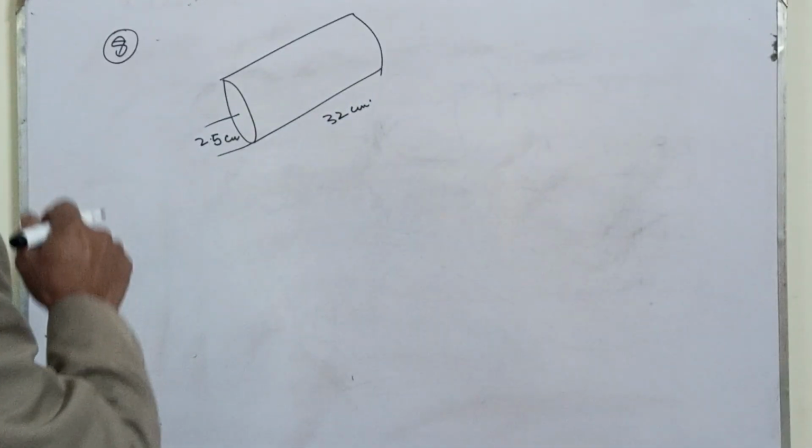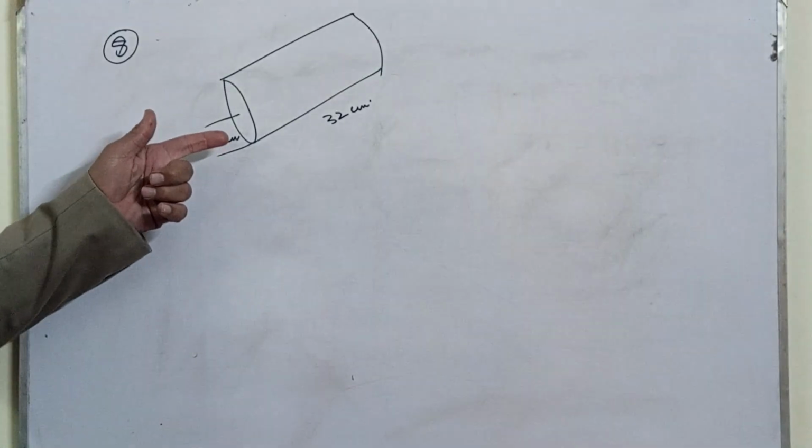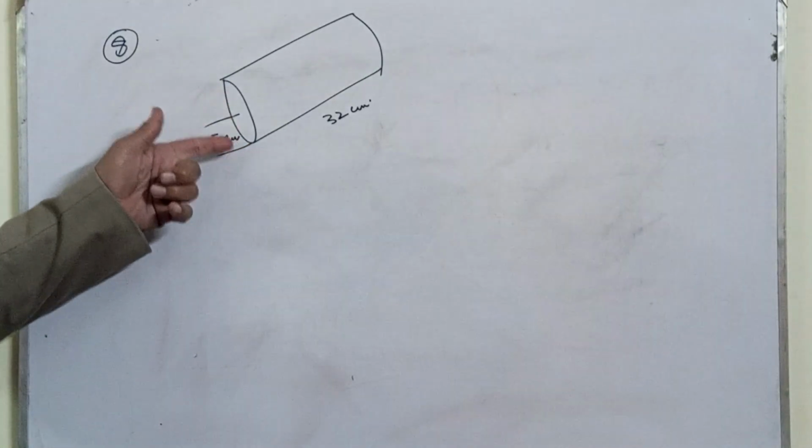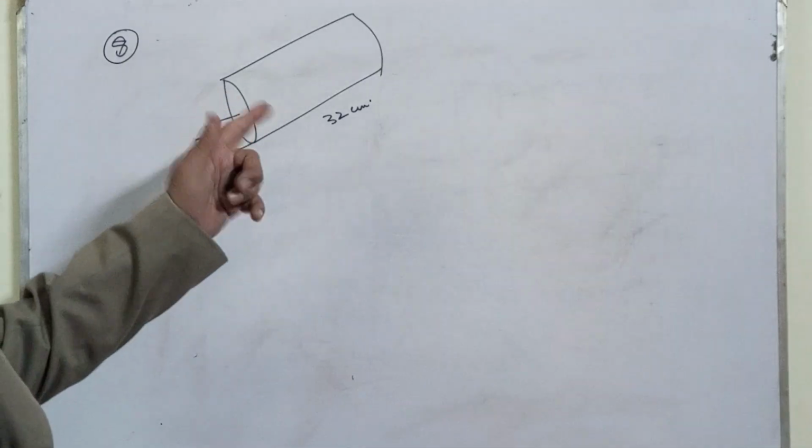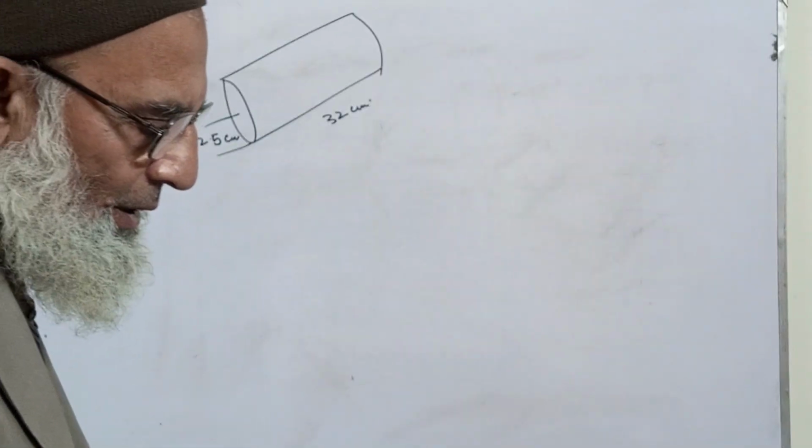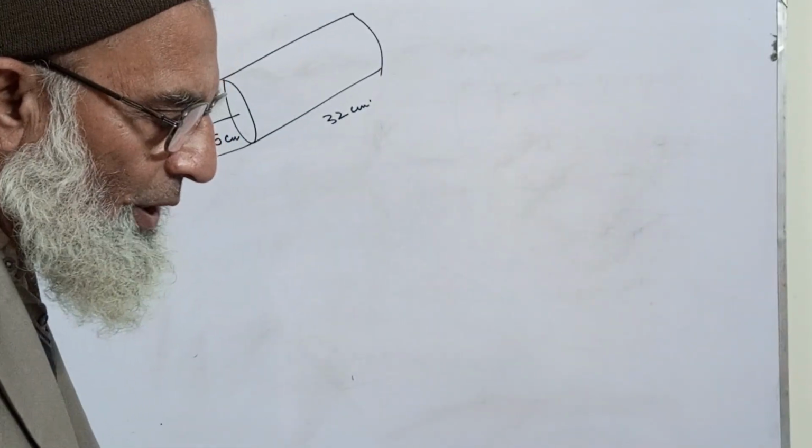So this is a tube. If we neglect the thickness of the tube, then what will happen here?